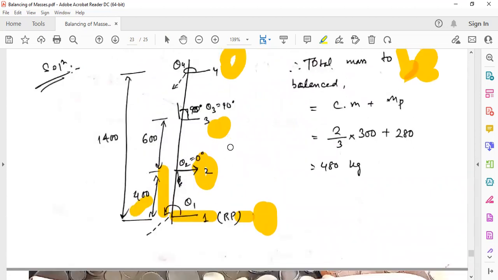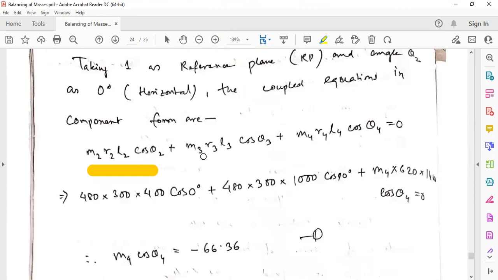L3 will be 400 plus 600. That means L3 is the gap from the reference plane to m3, and L4 is the gap from the reference plane to the mass at 4, that is 1400. So we have written m3 r3 l3 and m4 r4 l4.